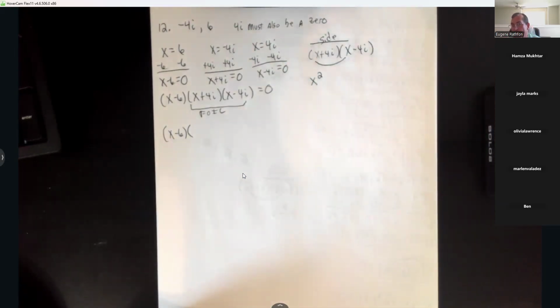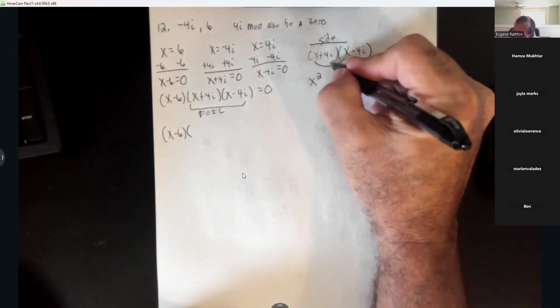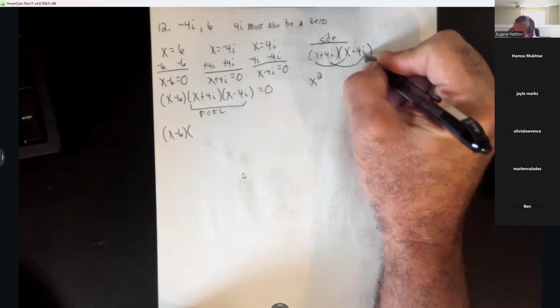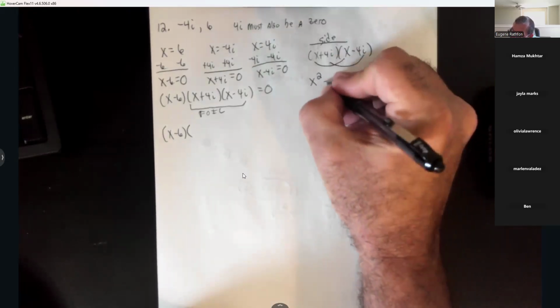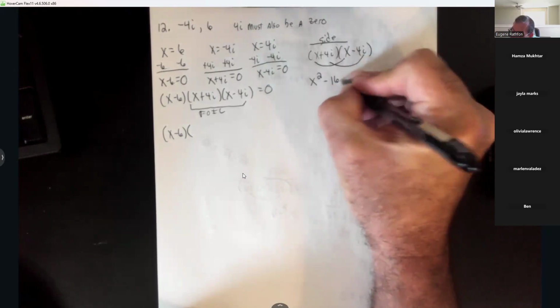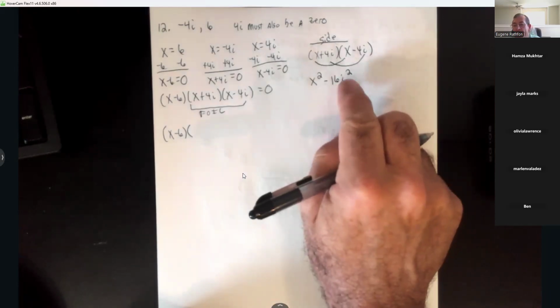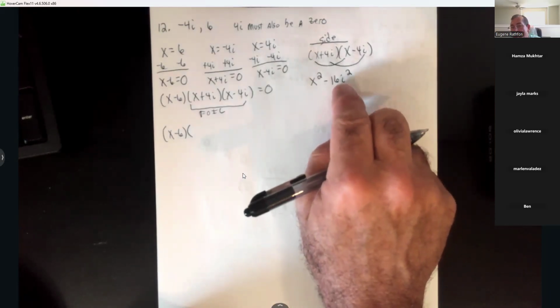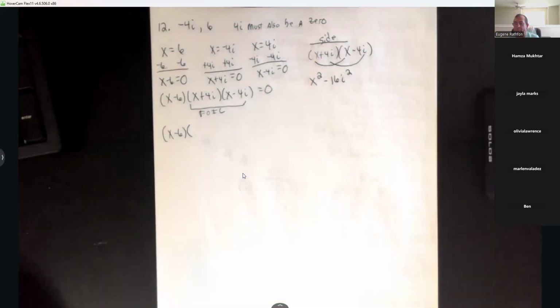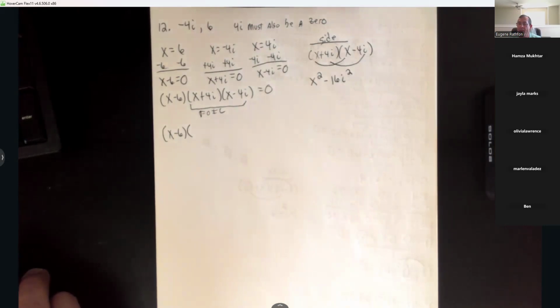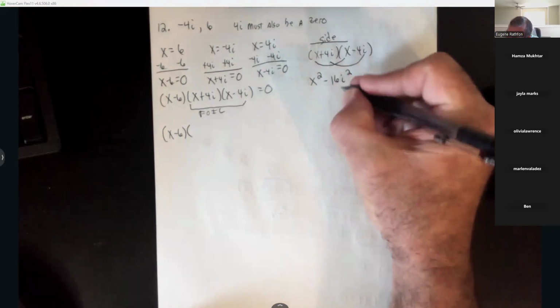Now, y'all, here's where you got to watch out. 4i times negative 4i is a negative 16i squared. But do y'all remember what i squared equaled? All right, good job. That equals negative 1.